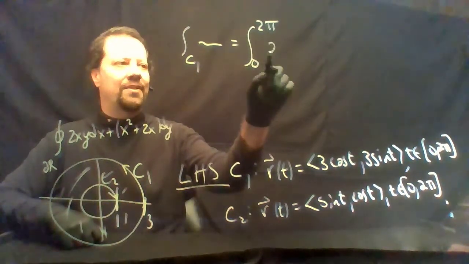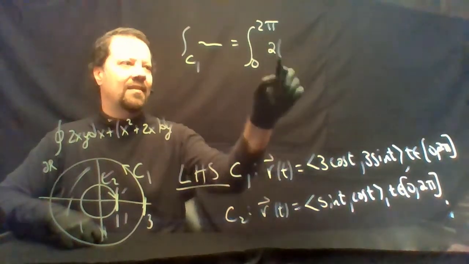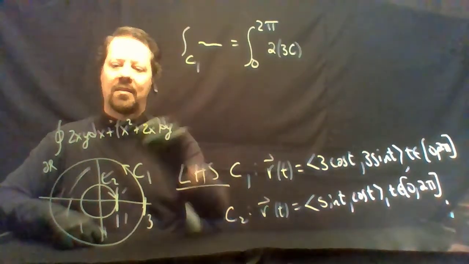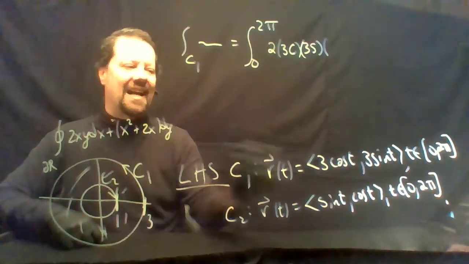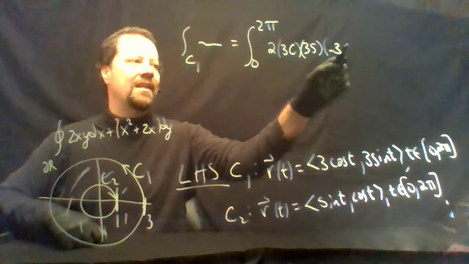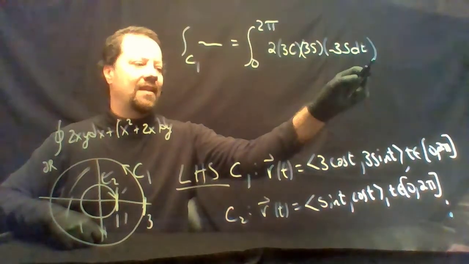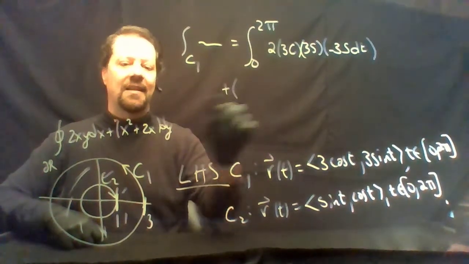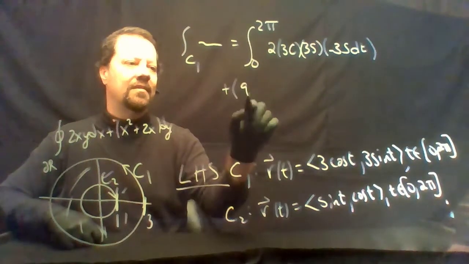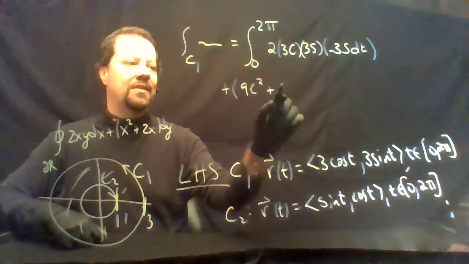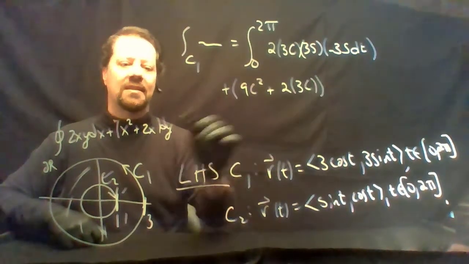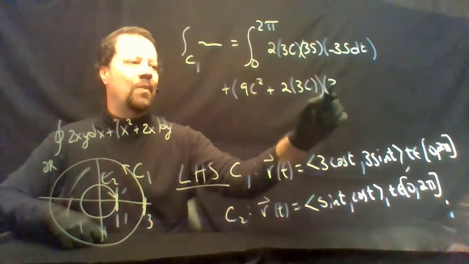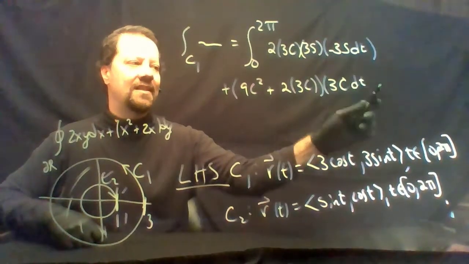So we will have 2x y times dx. dx is minus 3 sine dt plus x squared plus 2 times x times dy. dy is 3 cosine dt.